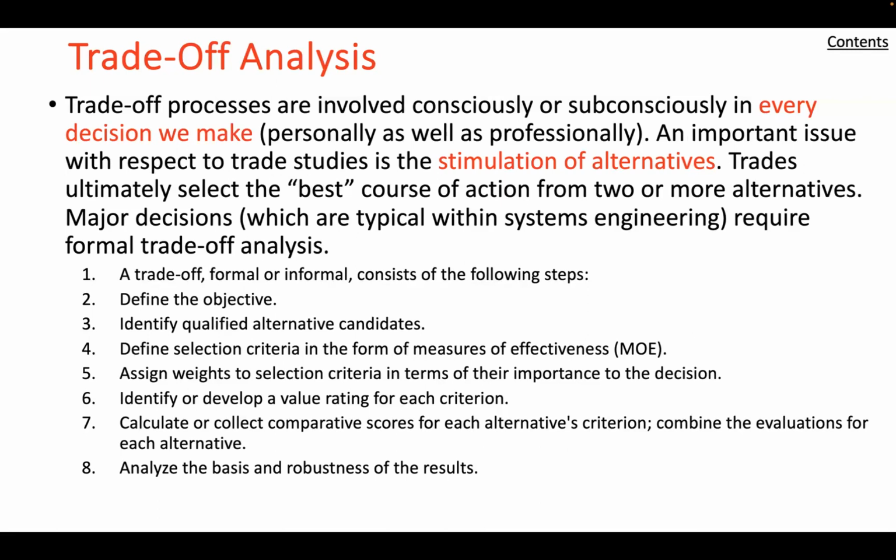To provide a set of alternative candidates, an effort must be made to identify as many potential courses of action as will include all promising candidate alternatives, and any that fail to comply with an essential requirement should be rejected. Then we have comparing the alternatives, which relates to concept definition.